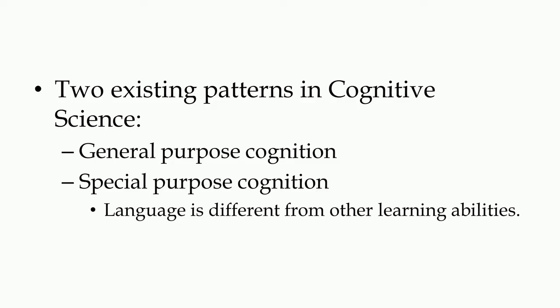So, when we were talking about unifying all kinds of learnings, and when we said this is the goal of the discipline, to come up with a unified theory, at this time we can say there are two branches of theories in cognitive science: one is general purpose cognition and the other is special purpose cognition. And here the idea is that general purpose cognition accounts for all other types of learning except language, and special purpose cognition accounts for language in a specific way.